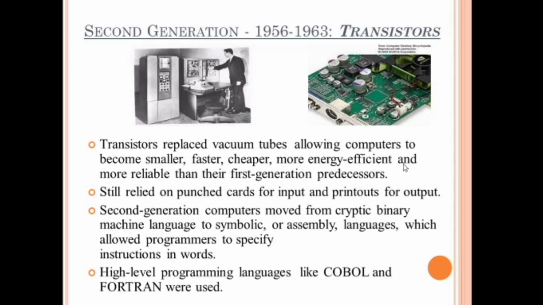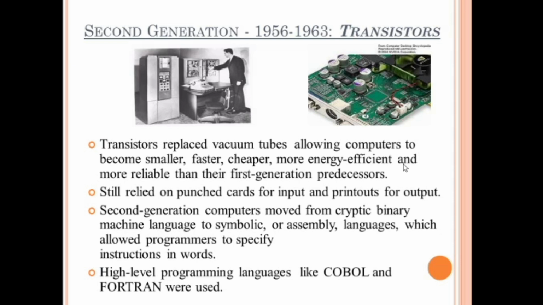Second generation computers moved from cryptic binary machine language to symbolic or assembly languages, which allowed programmers to specify instructions in words. Now it is called high level languages. In the first generation, only machine languages were used.